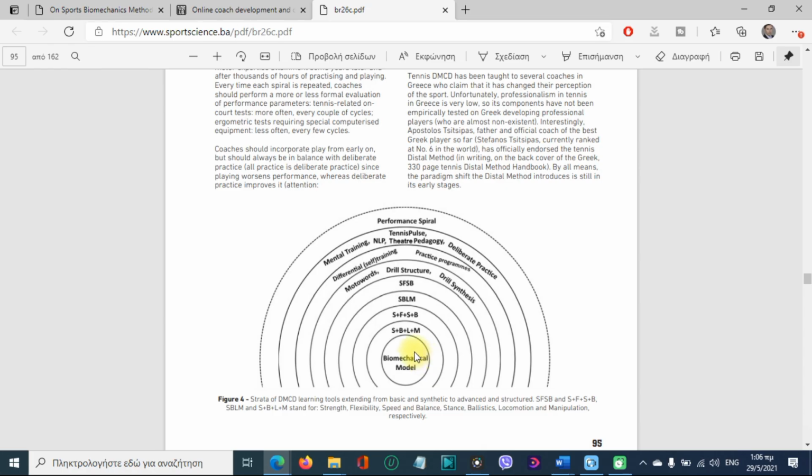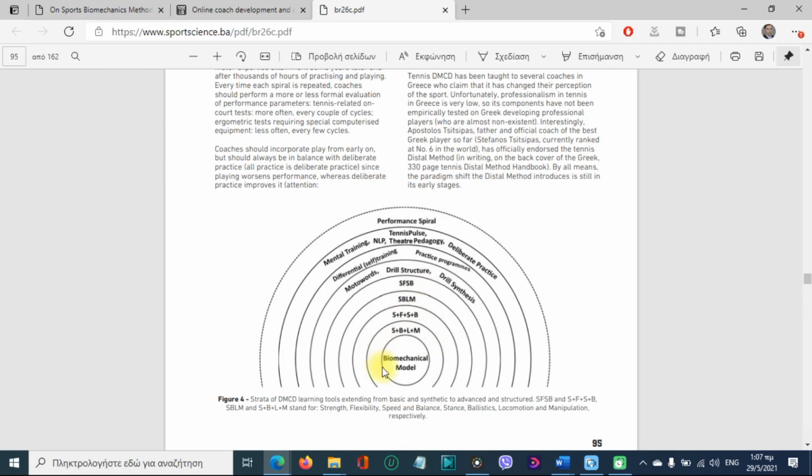And also, it provides tools for the development of every and each one of them, because it's a different thing to say that, okay, I want to develop my competitive performance, or I have to develop my motor skills, or I have to develop my mental skills. And you know, it's nice to identify these areas, but it's a completely different thing to actually have tools.